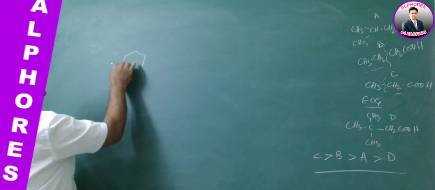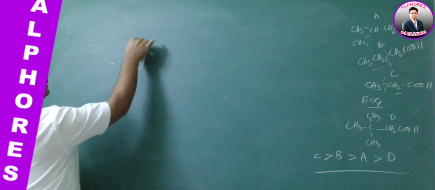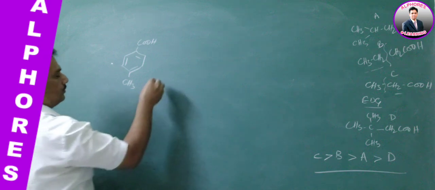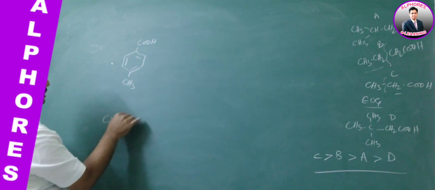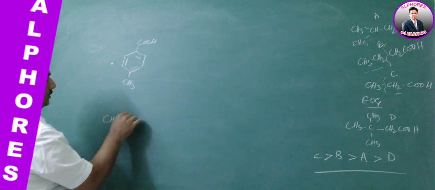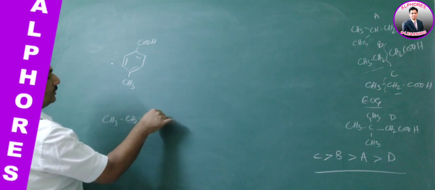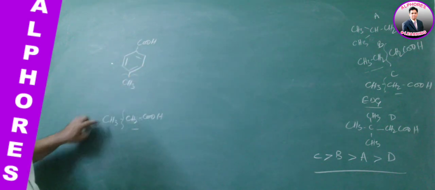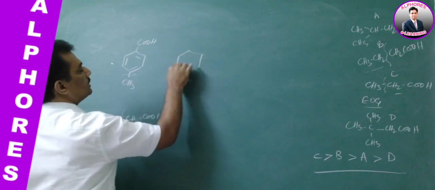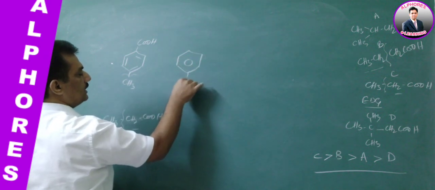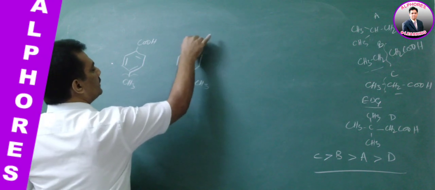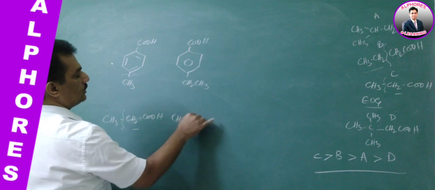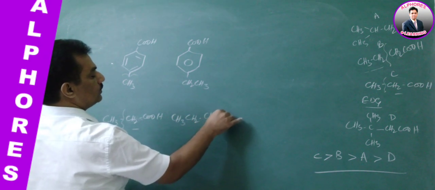In benzoic acid, here a methyl group is present. It is similar to CH3COOH, CH3CH2COOH, like this. Here it is the same groups, and this benzoic acid is having an ethyl group at the para position, and it is similar to CH3CH2CH2COOH.